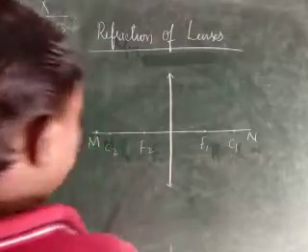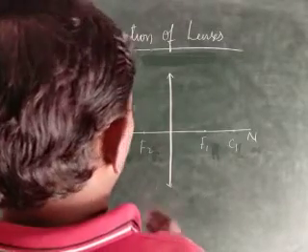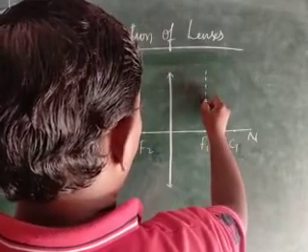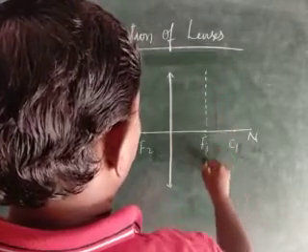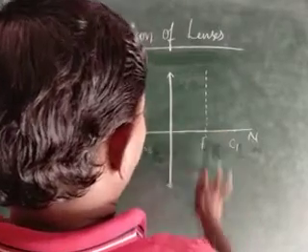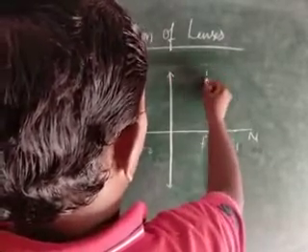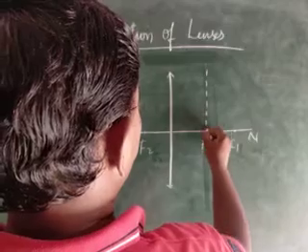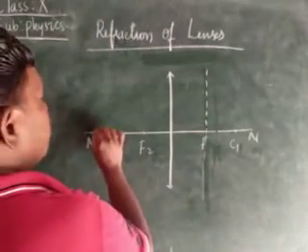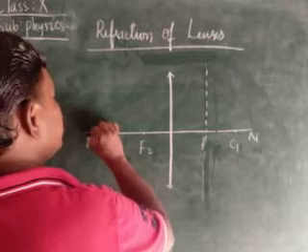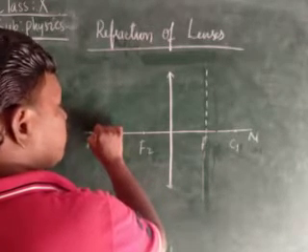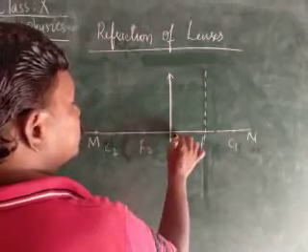To draw this figure, first we should draw a perpendicular line at the focal point, children. Then you take a point source on the principal axis, or optical axis.